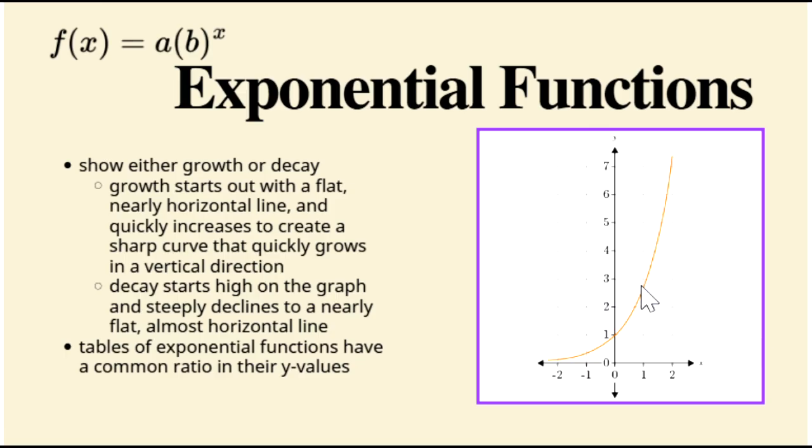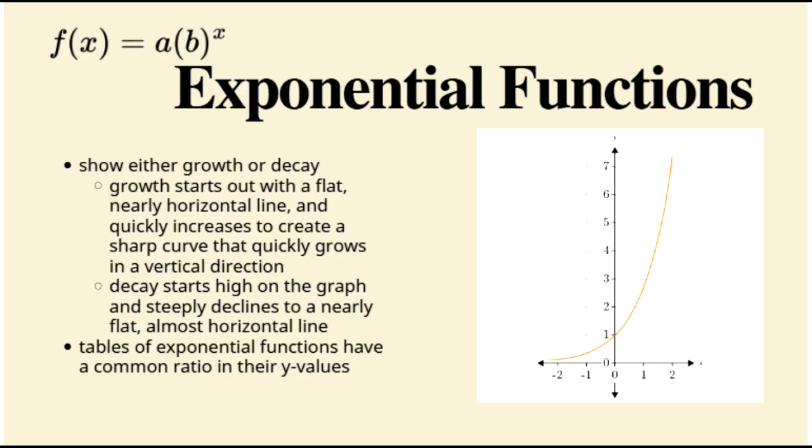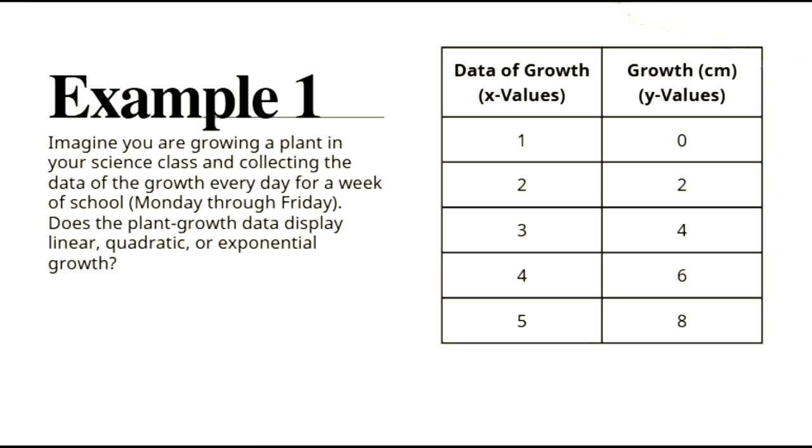It's the mirror image of this. Tables of exponential functions have a common ratio in their y values. So the table increases by a multiplication value, not addition. Okay? And they're written in the formula f of x is equal to a times b raised to the power of x. Okay?